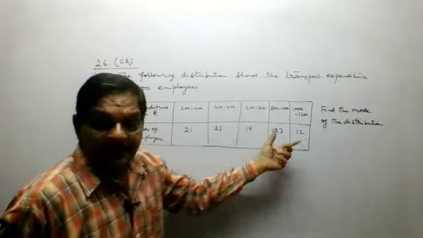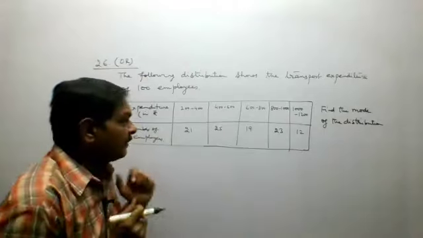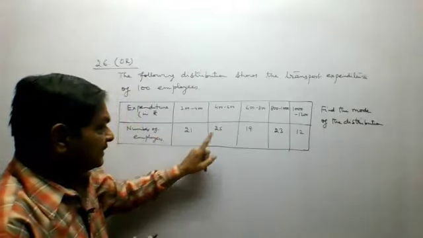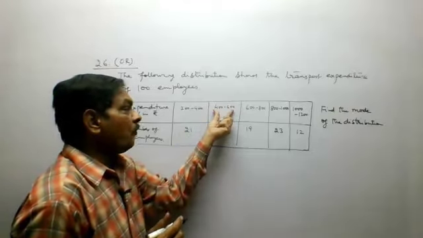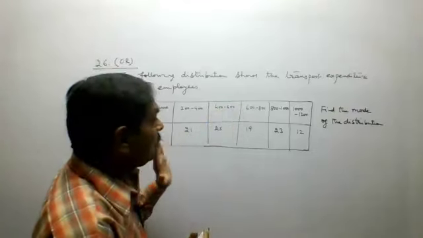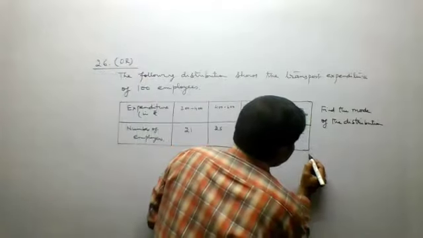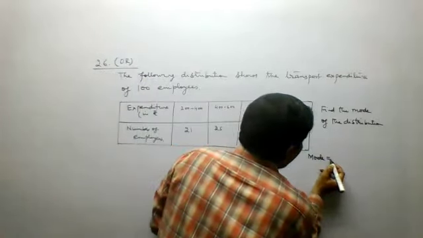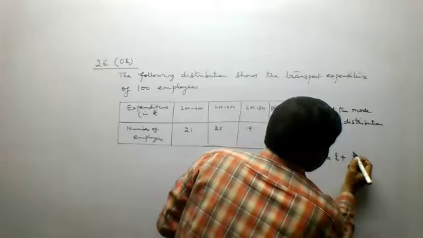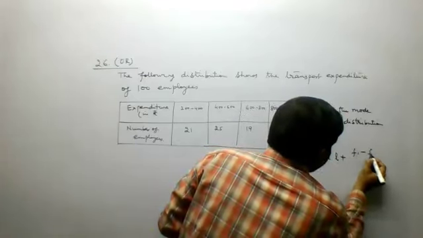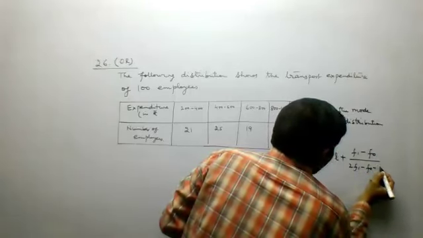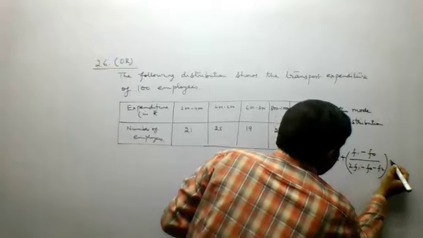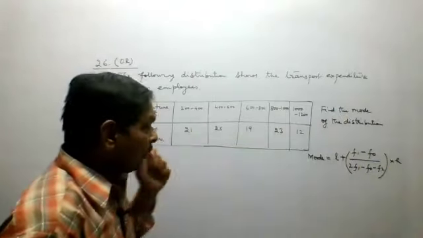First we will find the modal class. Modal class is that class which has the maximum frequency. Clearly the maximum frequency is 25. So the modal class is 400 to 600. Now we have the formula that mode is equal to L plus F1 minus F0 upon 2F1 minus F0 minus F2 into H. This is our formula.